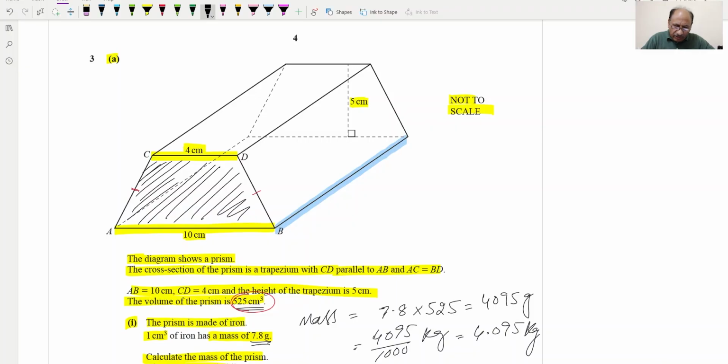So we have the volume. We will find the face area of the trapezium.